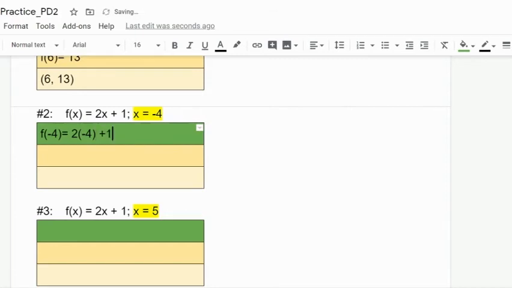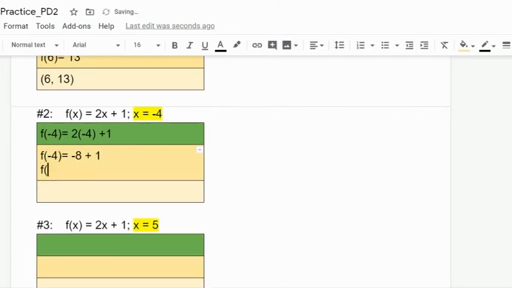Add that plus 1 tail. We have f of negative 4 equals, remembering to use my negatives. Now I'm using my negative integer rules, and I highly recommend using a calculator. So we have 2 times negative 4 is going to be negative 8 plus 1, which is going to be f of negative 4 equals negative 7.